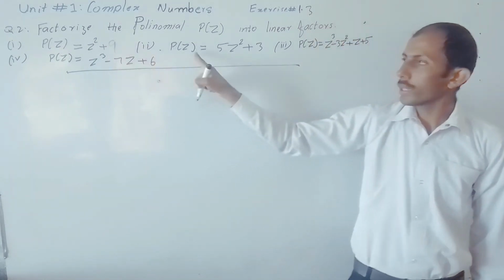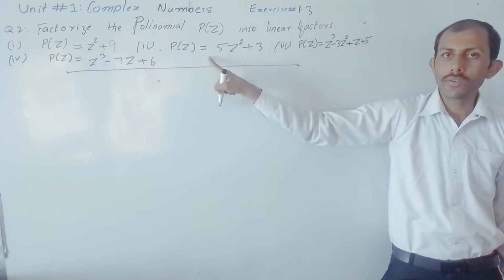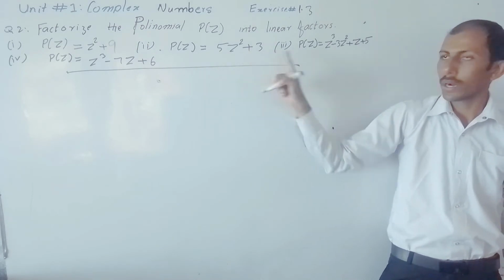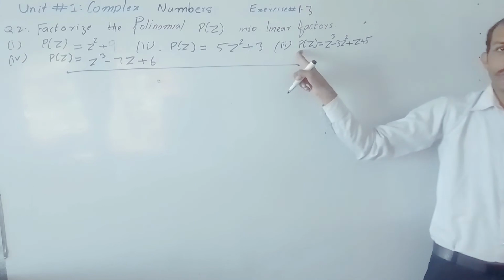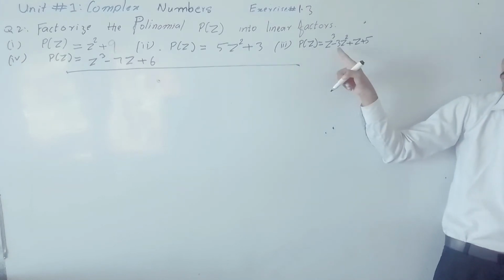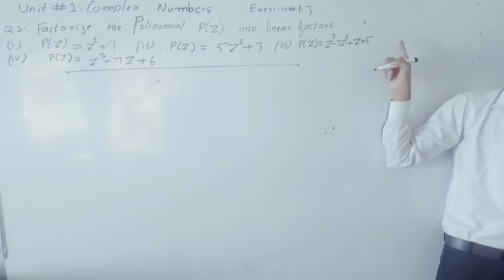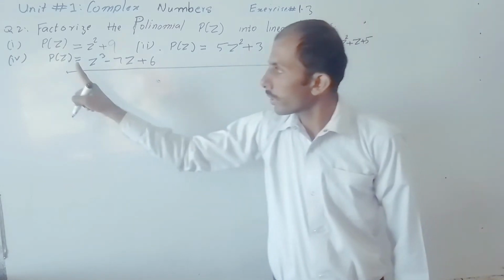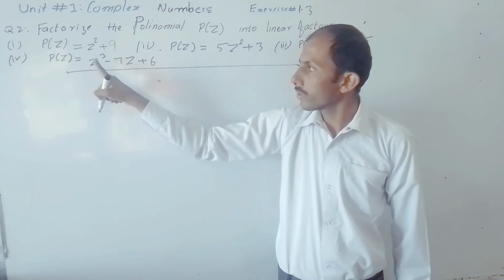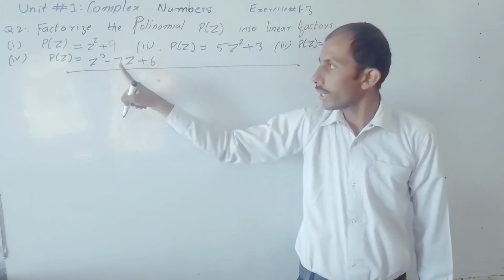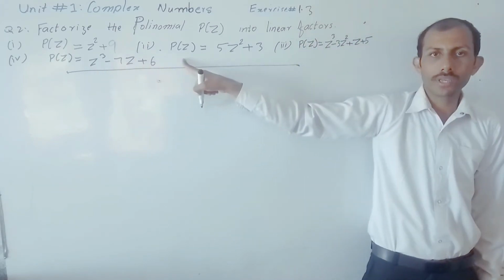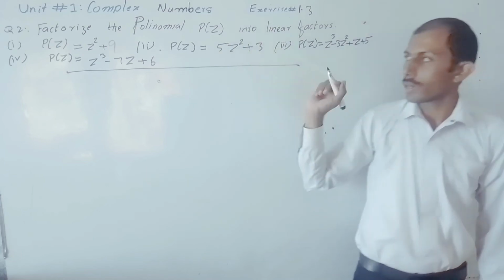Part number 2, p of z is equal to 5z square plus 3. Part number 3, p of z is equal to z cube minus 3z square plus z plus 5. And part number 4, p of z is equal to z cube minus 7z plus 6. So let's start part number 1.